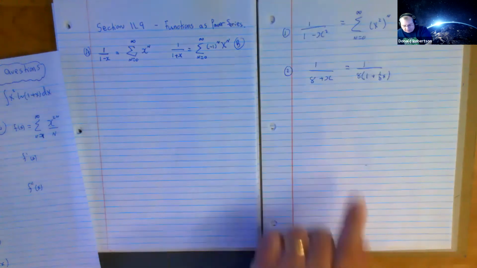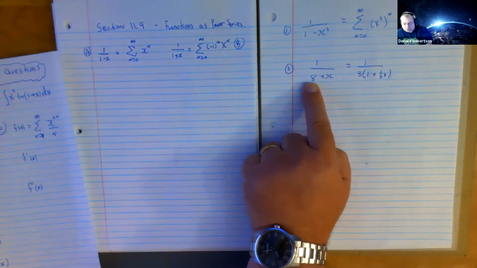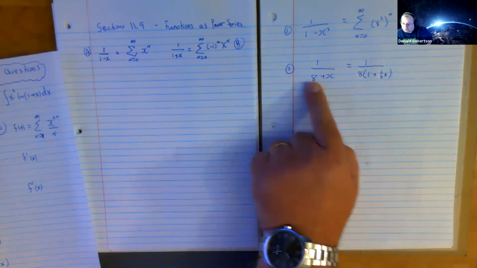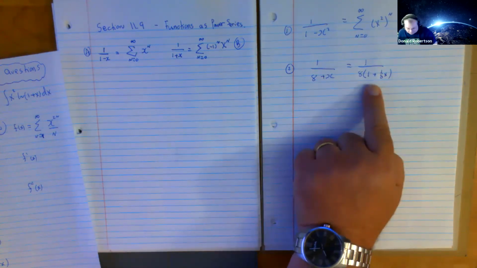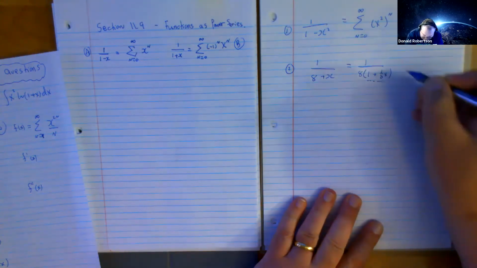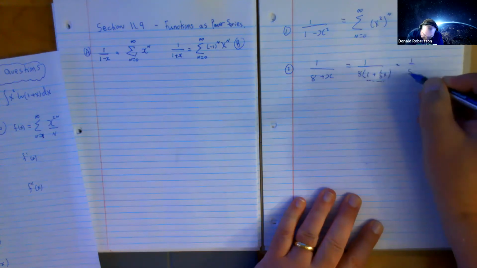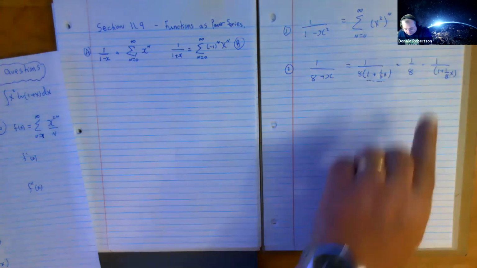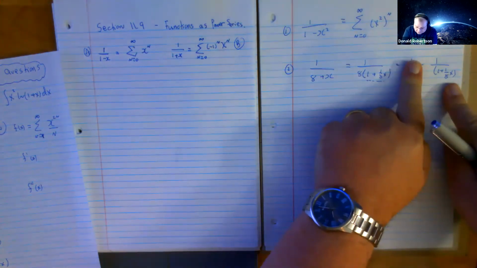Would you agree that if I tried to pull out 8 as a common factor, I'd get this? Agreed? So I'm only going to focus on this guy. In fact, maybe if I write it down, it's two separate things that may stand out a little bit better. So I am going to find the power series of this guy.